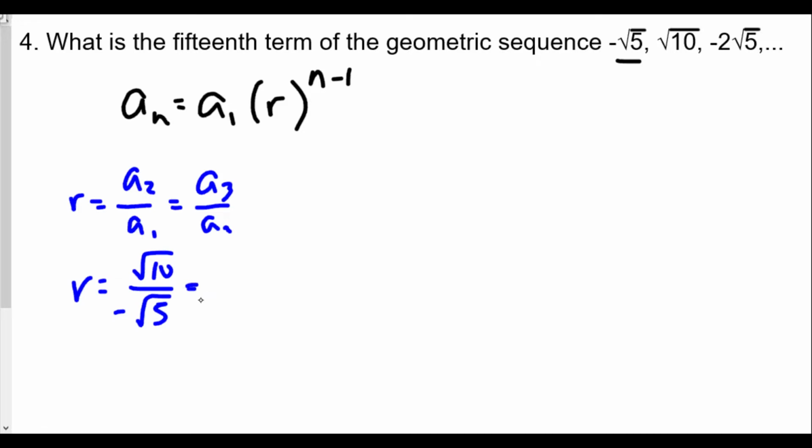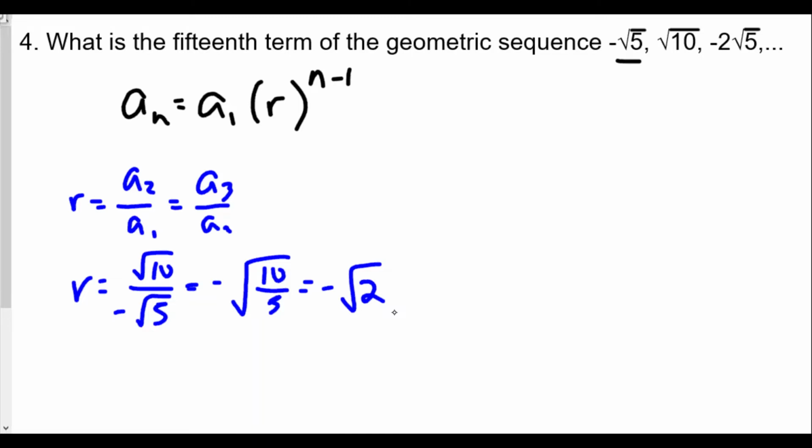That will definitely give us a negative value because positive divided by negative is negative. The square root of 10 divided by square root of 5 can be written as one giant radical, the square root of 10 over 5, which is the square root of 2. So our value is negative square root of 2.